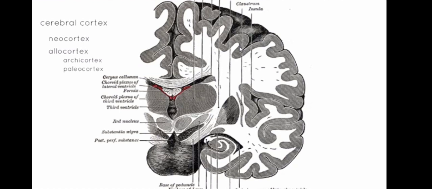And then there might be the archicortex, the paleocortex, isn't it? Less than 6 layers. So neocortex is the one where we can see the 6 layers, which is the newer part of the cortex basically.